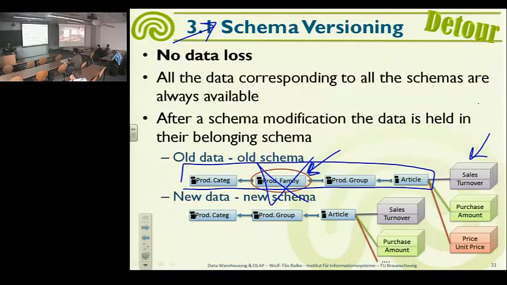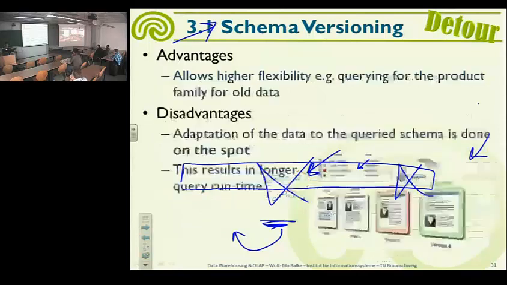That is doable because you already have the product group, which is the finest granularity, and from that you can build the product family, no problem. Had you deleted the article from here, that would have been a problem, because then you wouldn't be able to compute it from the product group. The data is lost forever and you cannot get it anymore. But if it's something in the middle, then you can aggregate it again and recompute it.